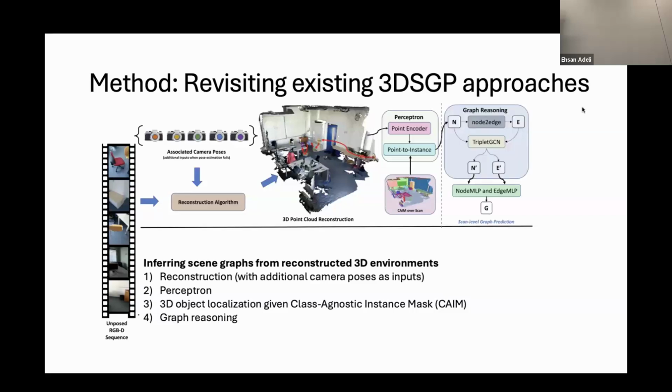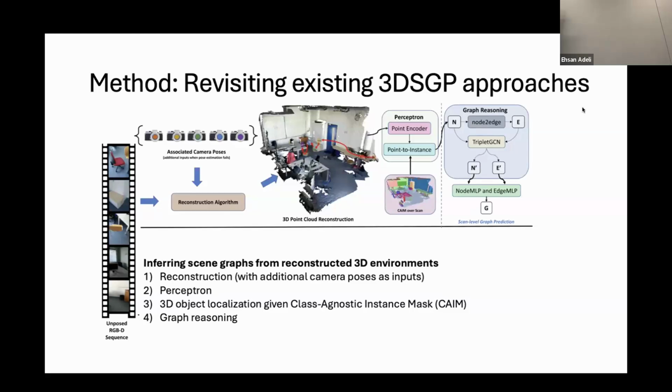The next popular module adopted for 3D SGP is the graph reasoning step. In graph reasoning, there are two functionalities, feature engineering and feature refinement. First, it transforms the node feature and uses it to initialize the edge feature. Next, it passes both the node feature and edge feature into a triplet GCN to conduct attentional reasoning.